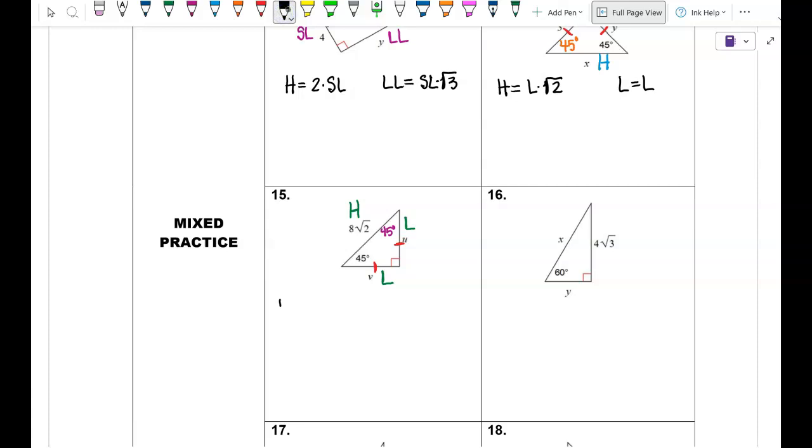And again, the relationship: the hypotenuse equals the leg times radical 2, and leg equals leg. We have to know when to use which equations, which starts with identifying which type of special right triangle we have.